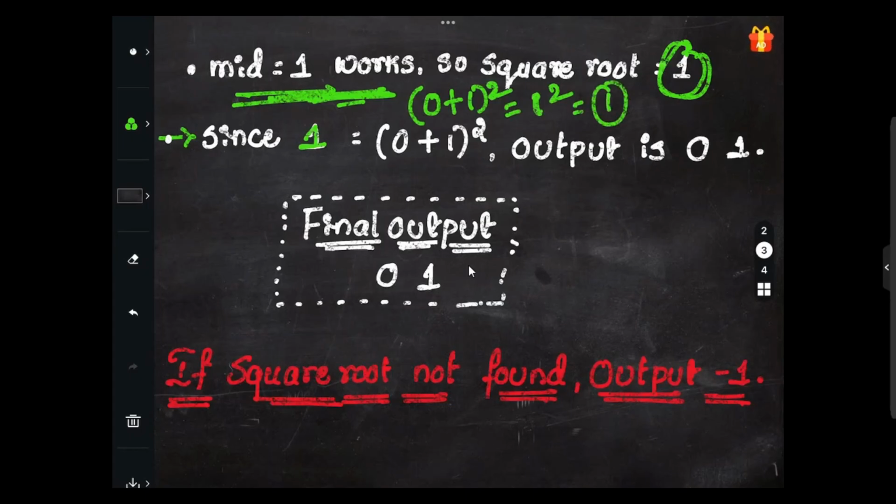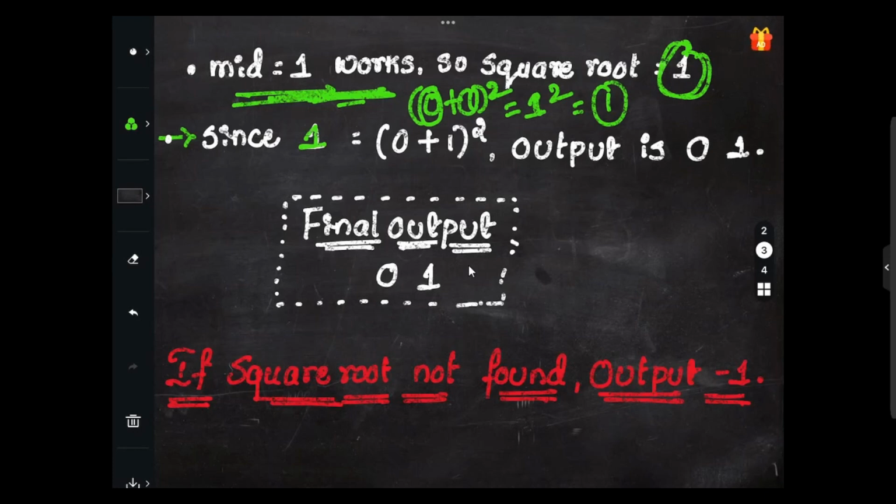Here we have to return the output a and b, which forms the integer. So 0001 was given in binary format, and we converted it to the integer 1.